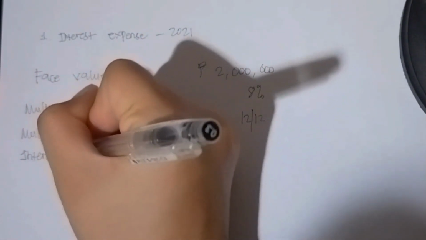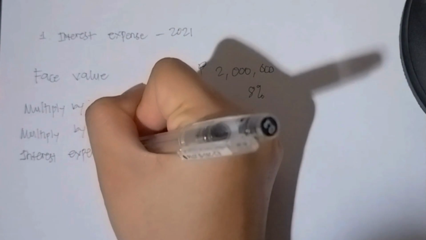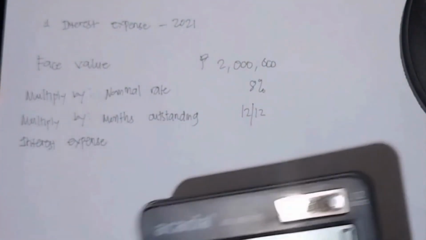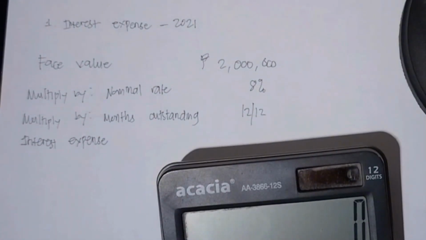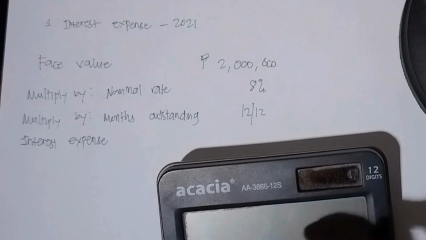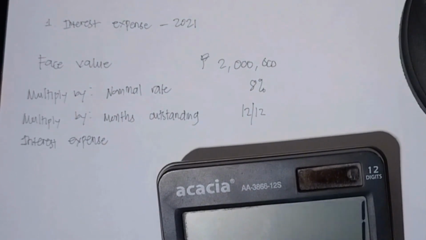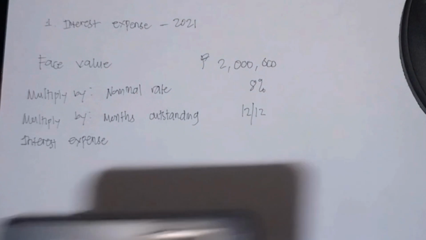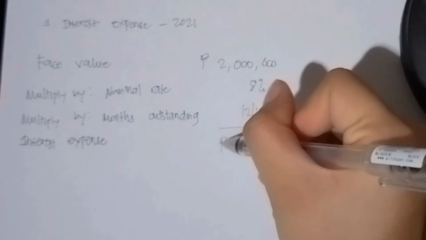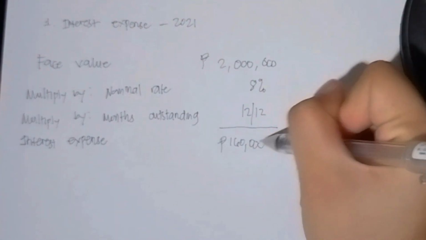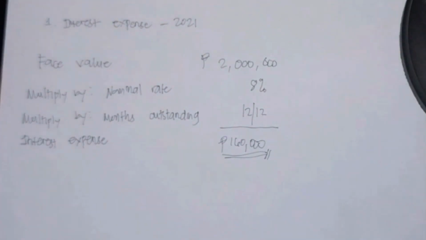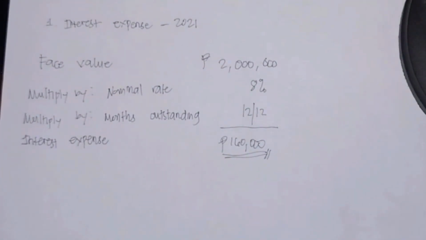Then we get the interest expense. So 2 million times 8% times 12 over 12 is equal to 160,000. So the interest expense for 2021 is 160,000 pesos.